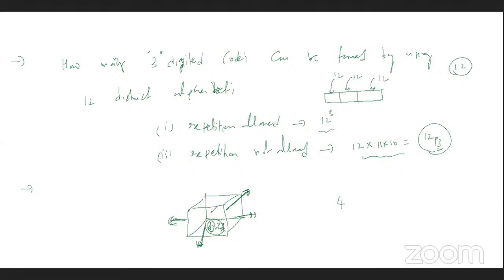He can come out from any one of the 4 exits. Is it right? Yes, sir. So why am I writing 4? To this person we have 4 chances. He can come out from any one of the 4 exits. That's why 4. For the second one also 4. For the third one also 4. So the answer is 4 cubed.